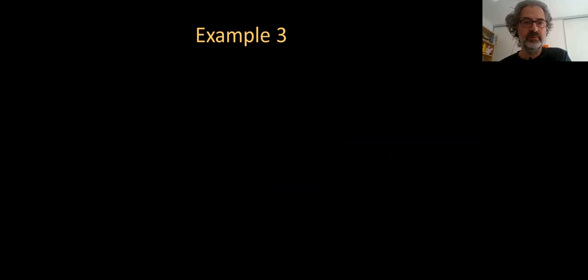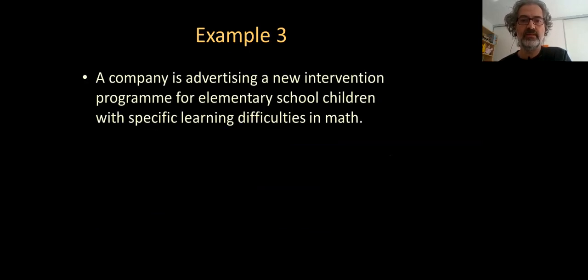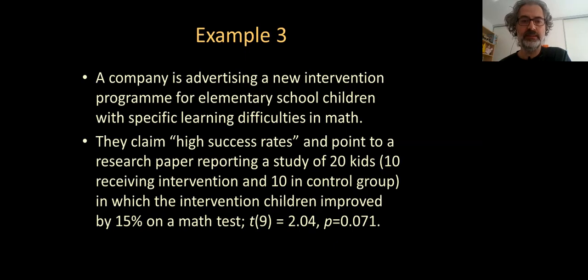In the third example, imagine that you're reading an advertisement in your professional information sheet about a company that has devised a new intervention program for children in elementary school who have great difficulty with the math curriculum. The company claims a very high success rate and points to a research paper where they studied this with a sample of 20 children.